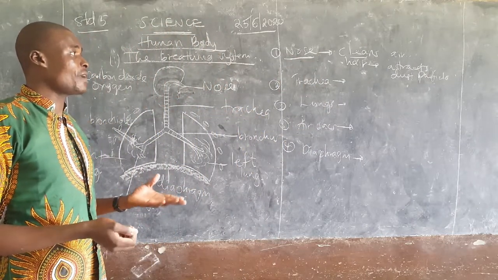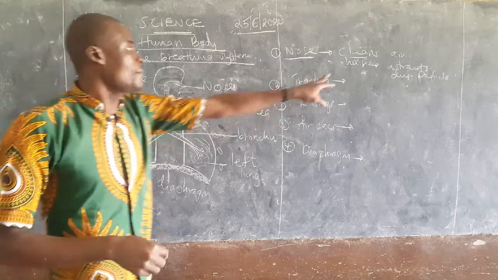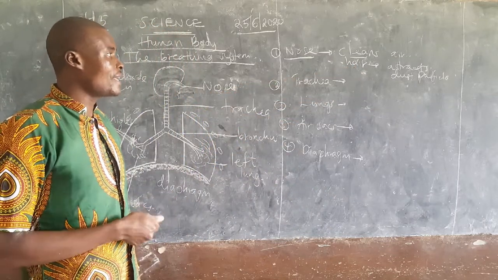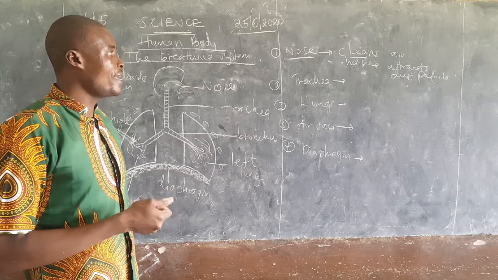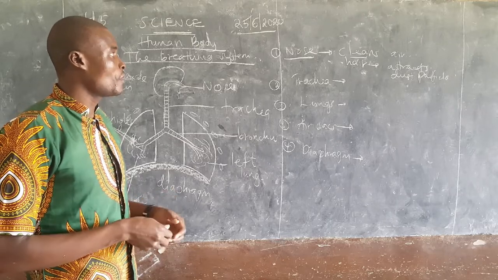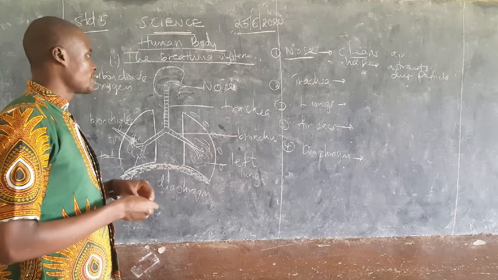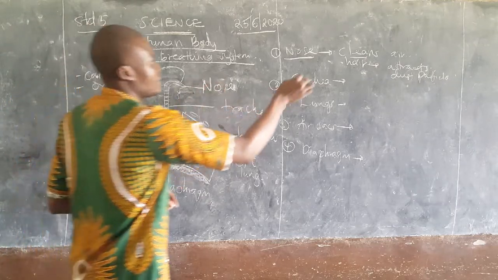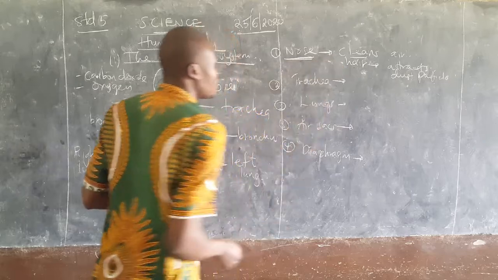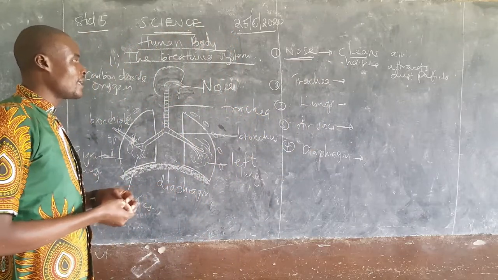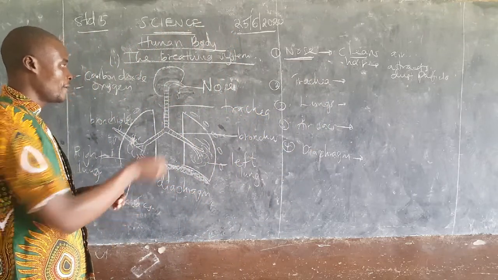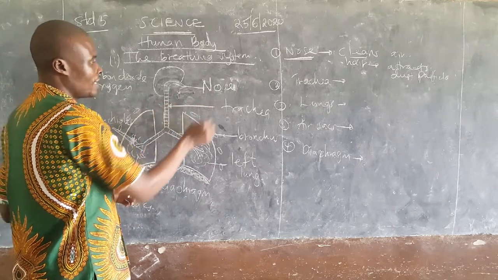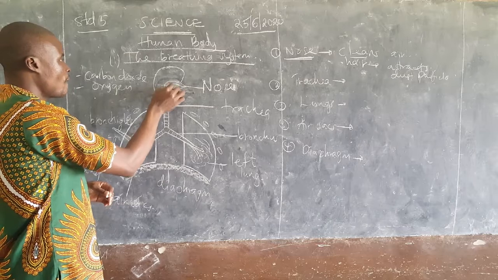And the major role of the mucus is same to the hair, of which it also cleans. It attracts any dust particle that may enter the lungs. So the first thing that the nose gives is that the nose contains mucus and hair that does the cleaning part of the air.